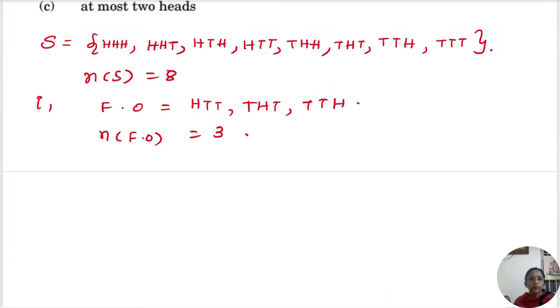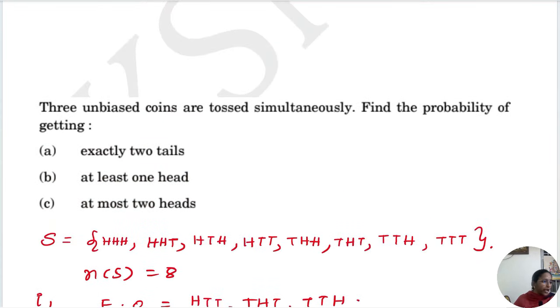So the probability of exactly 2 tails is equal to 3 divided by 8.